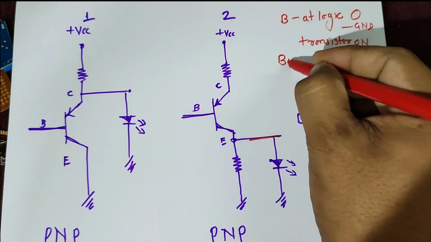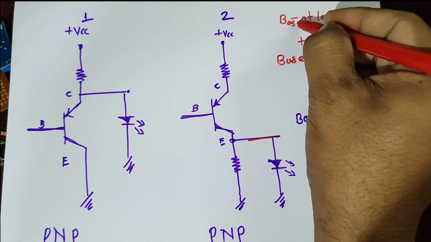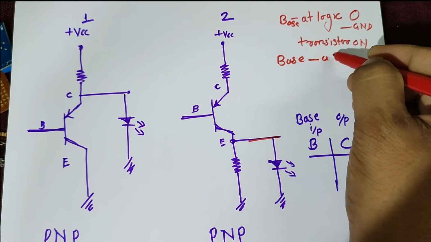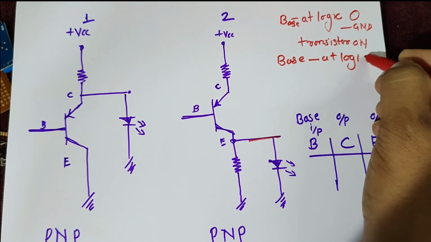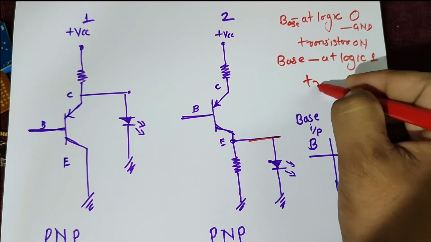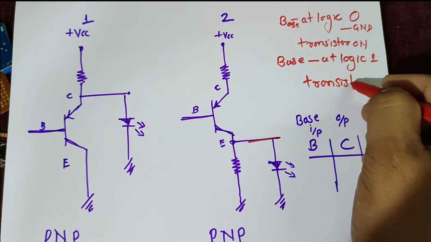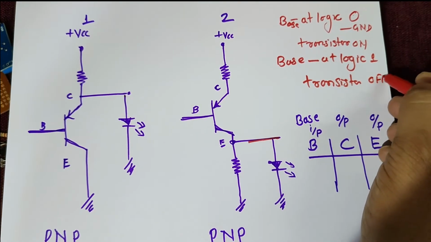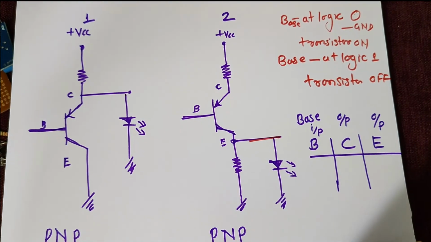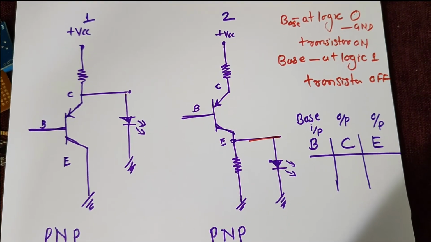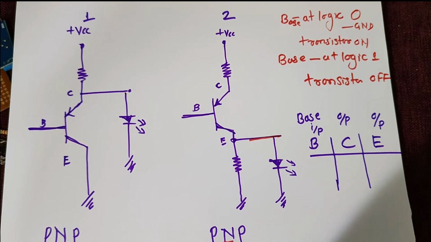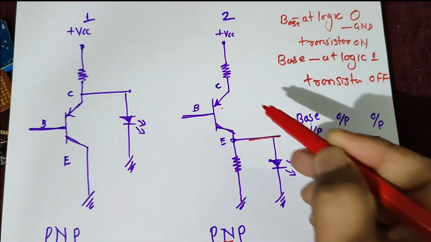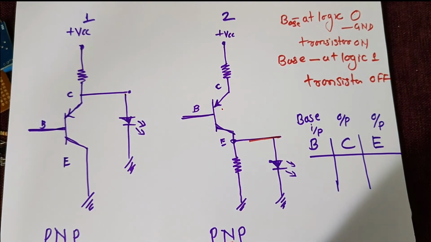And if the base is at logic 1, then the transistor is in the off condition. This is the logic for the NPN transistor, because at the center you can see N. So the arrow indicates whether it is an NPN or PNP transistor.